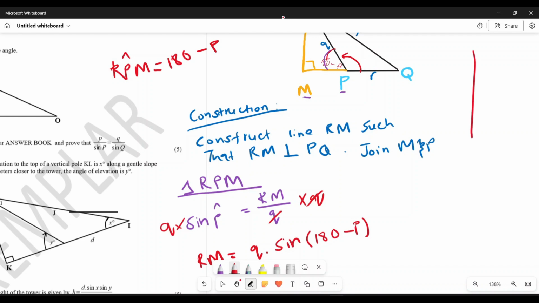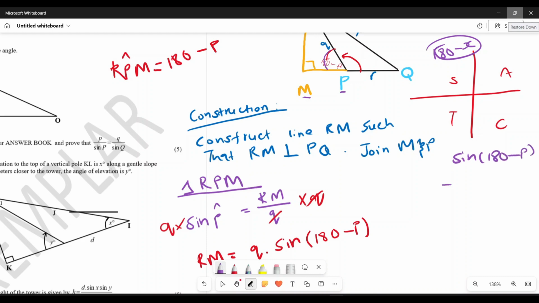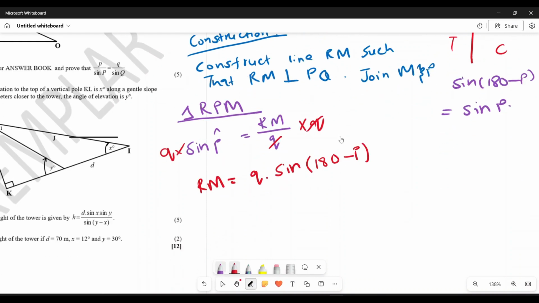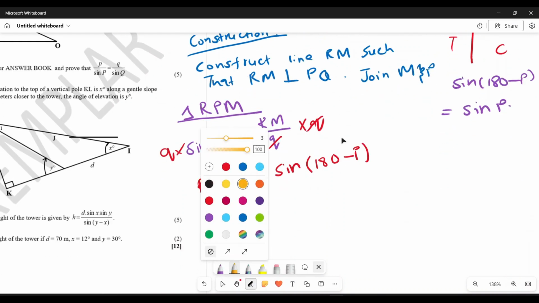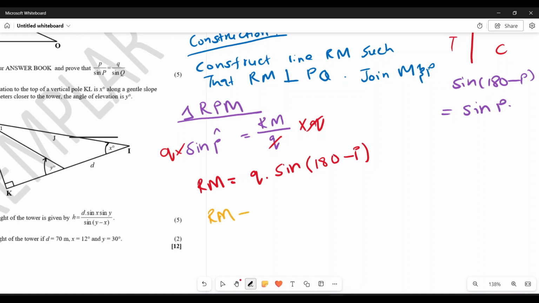So if I were to draw my CAST diagram here, 180 minus X is in the sine quadrant, meaning that sine is positive in this quadrant. So basically this sine of 180 minus P is the same as positive sine P. All right. Now simplifying this further, my RM would be equal to q multiplied by sine of P.